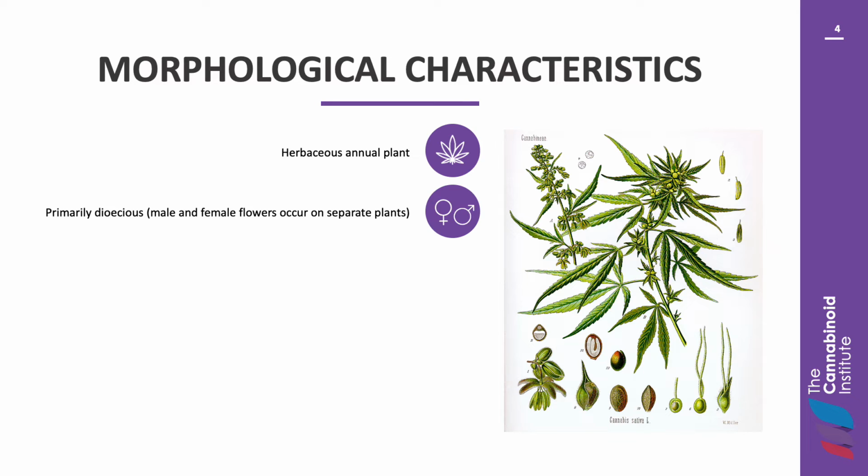Female cannabis plants can become monoecious and grow male and female flowers on the same plant in different locations. Very rarely, cannabis plants can also become hermaphroditic and produce bisexual flowers.